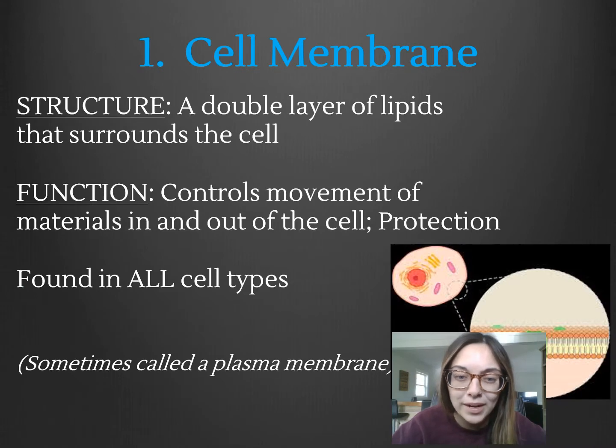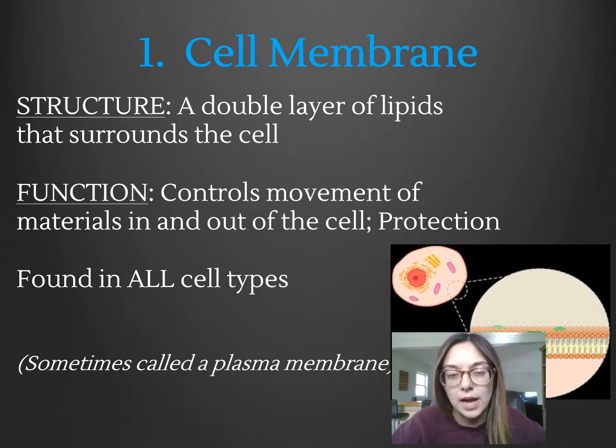Membrane. The cell membrane is a really important organelle. It's found in all cell types, eukaryotes and prokaryotes. The structure of the cell membrane, or what it looks like, it's basically a double layer of lipids, fats, and it surrounds the entire perimeter of the cell. The function, or what the cell membrane does, is it controls the movement of materials in and out of the cell.